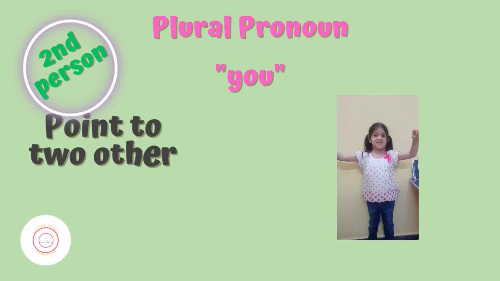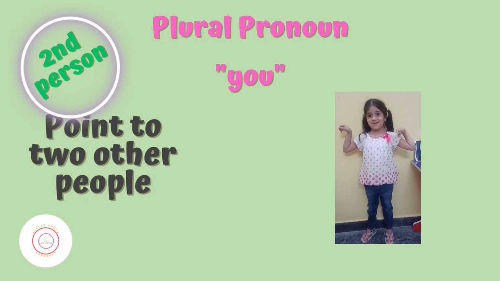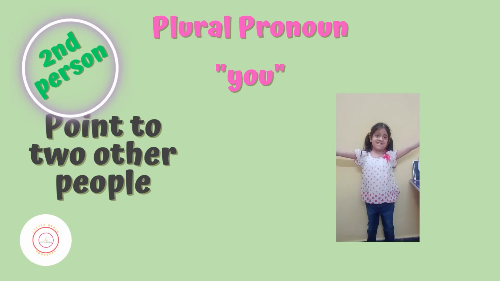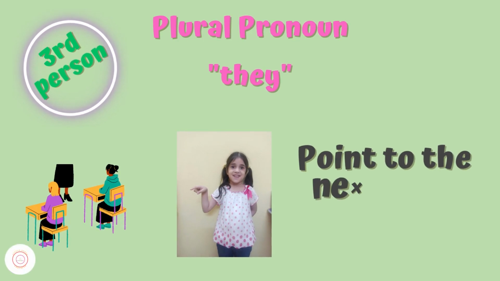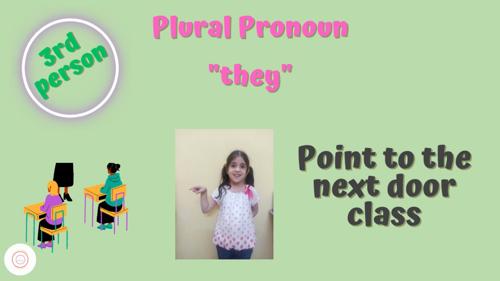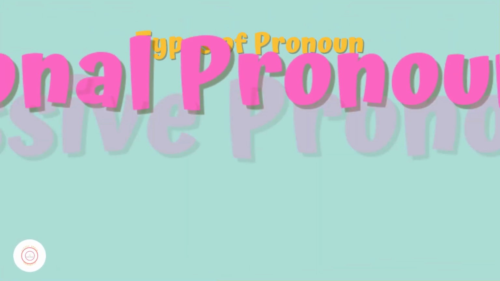You as a plural pronoun is a second person plural pronoun. Its action is point to other people. They is the third person plural pronoun. Its action is point to the next door class.